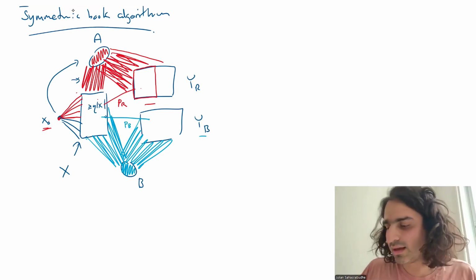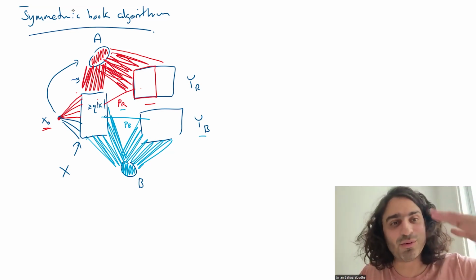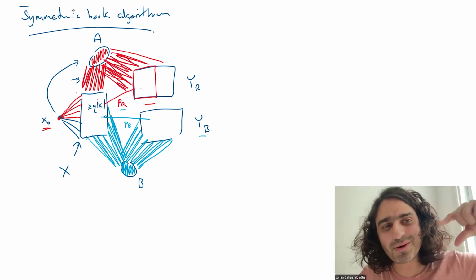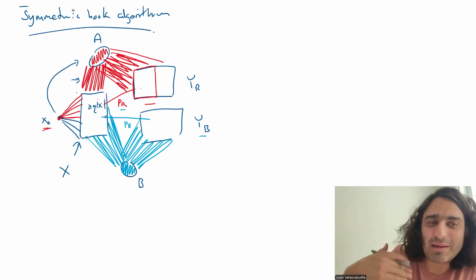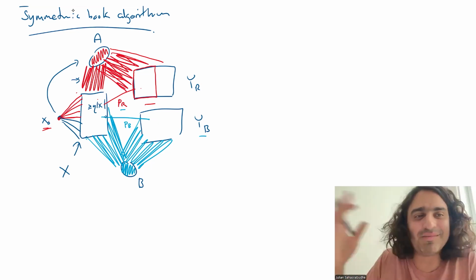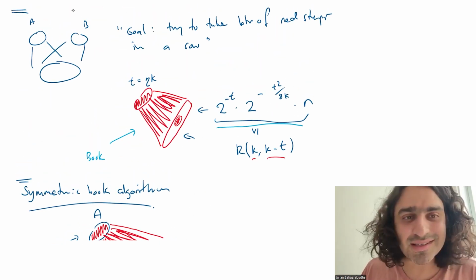I'm definitely going to need to make sure that my red density doesn't shrink too much below 1/2, right? Otherwise, I have no hope. If I'm taking a bite bigger than 1/2 every stage, there's no hope I'm going to prove something as good as this.